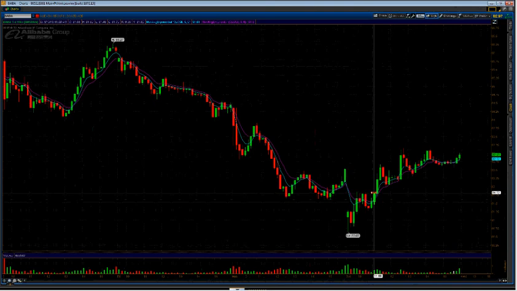Sell it. As a matter of fact, you can't even take your eyes off of it, right? Quite literally, I mean, for 10 minutes you can, because you got to wait for a candle to close. But you got to focus on your one position.